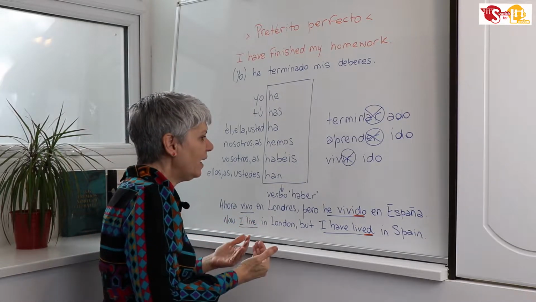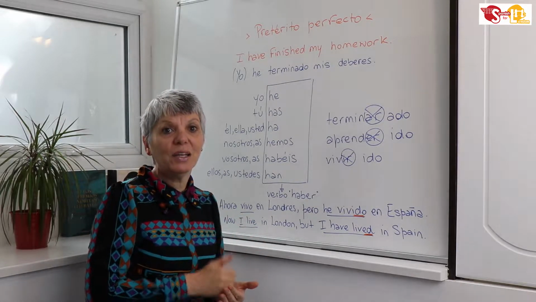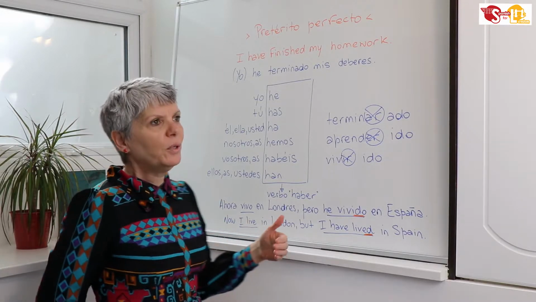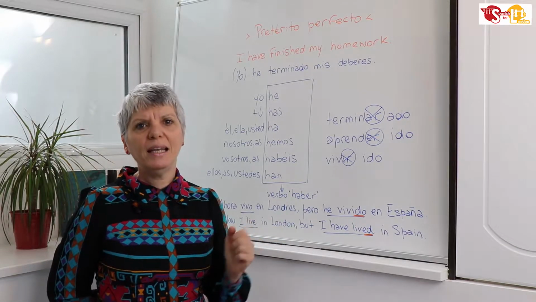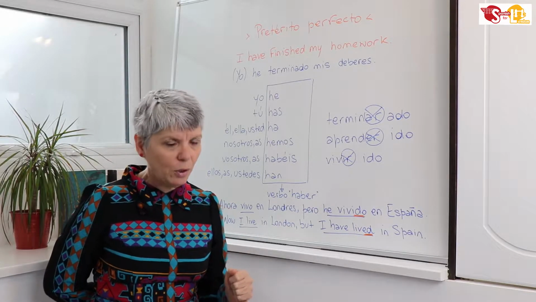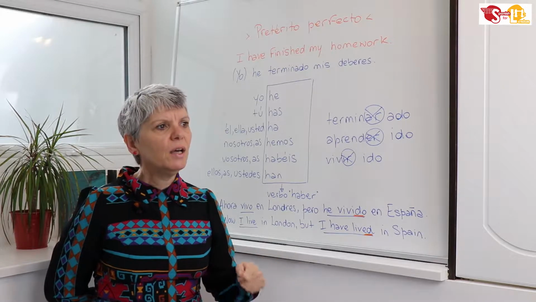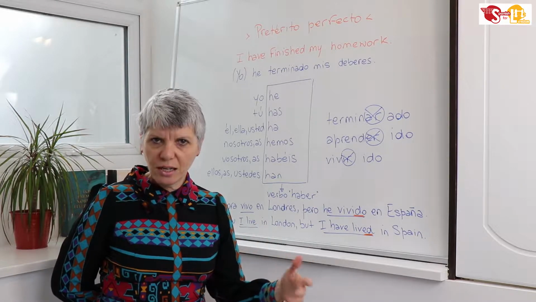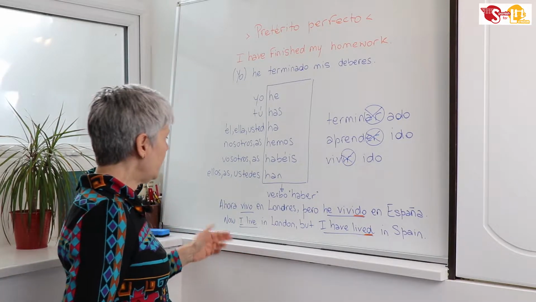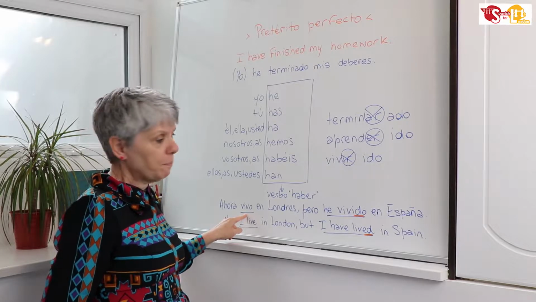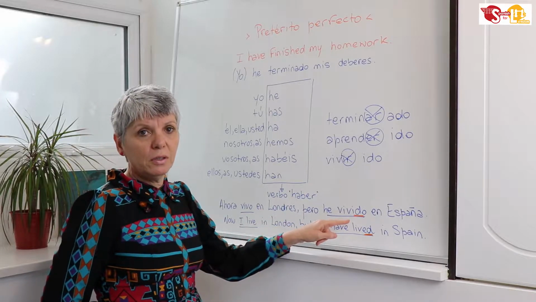So again, now you are able to use a new tense. For example, suppose that you are talking about where do I live, a very common topic in GCSE. You have to explain where do you live, how is your house, your neighborhood, and your region, and so on. So you can say, for example, ahora vivo en Londres, pero he vivido en España.